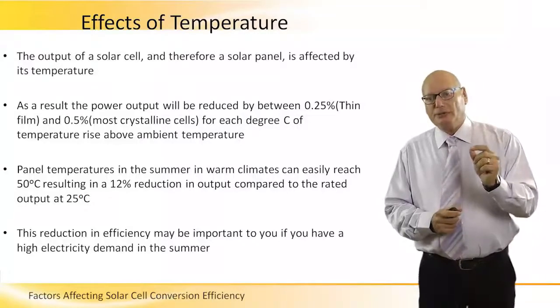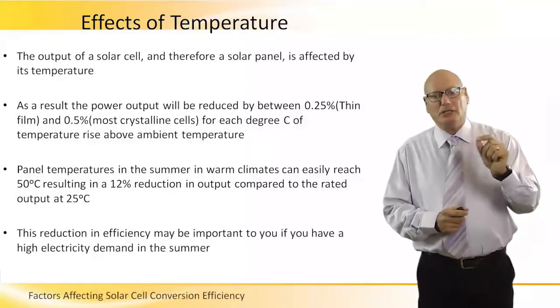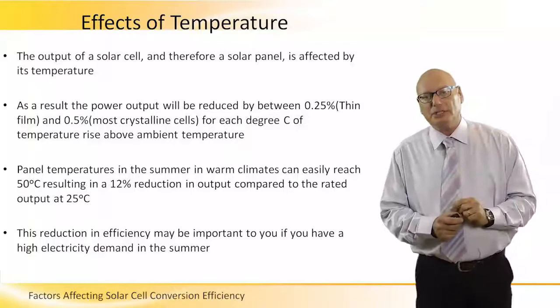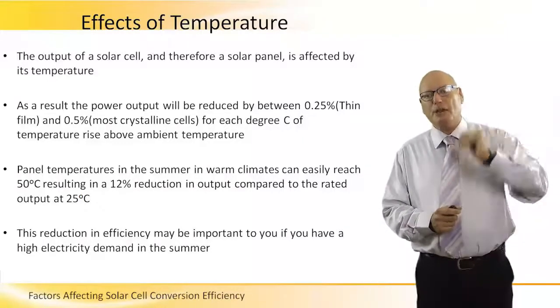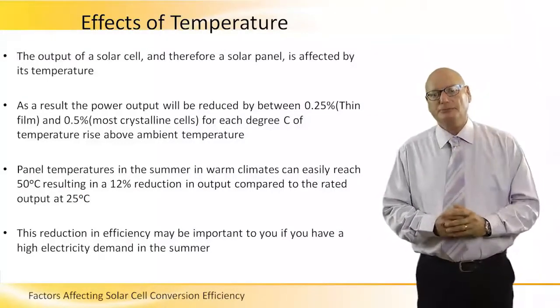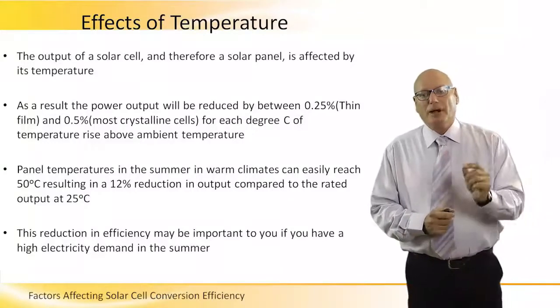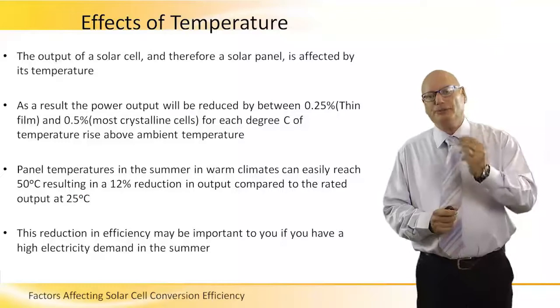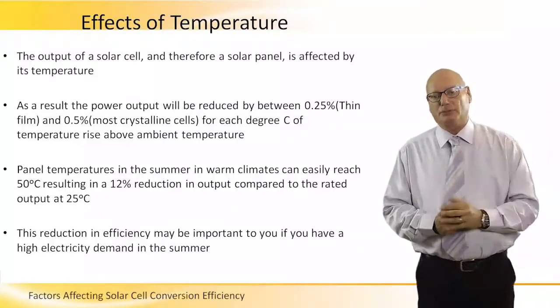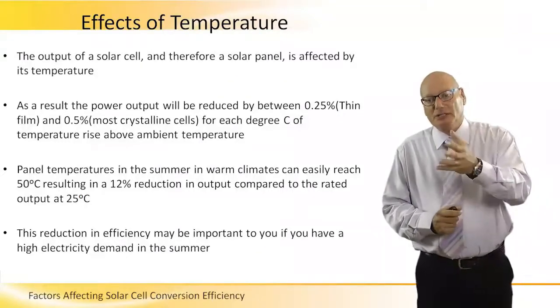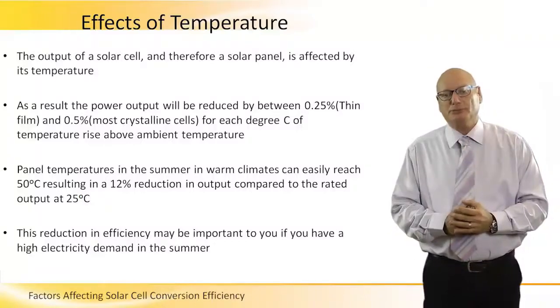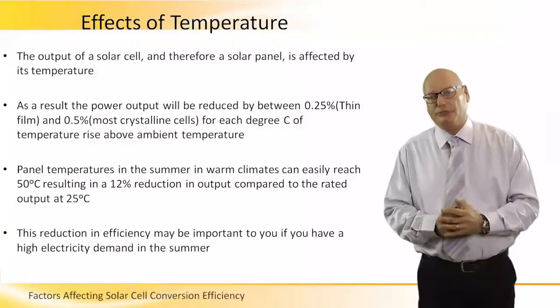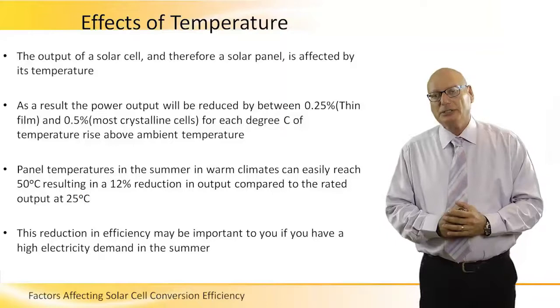Now, this is for each degree of degree centigrade of temperature above the ambient 25 C. Panel temperature in the summer in warm climates can easily reach 50 degrees C surface temperature, which will result in 12% reduction in output compared to rated output at 25 C. That's a tremendous loss.